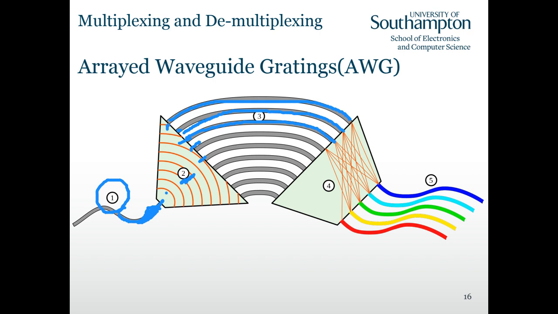And 4 is also free space. What happens here is that everything before here is to make sure that for one wavelength, the light traveling from the first waveguide to its output port and from the second waveguide to its output port constructively interferes.